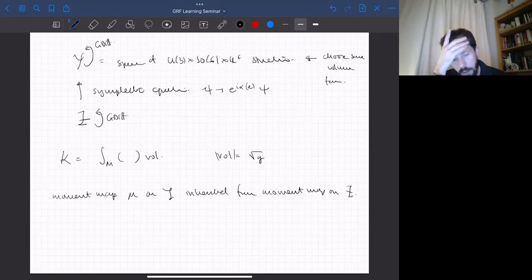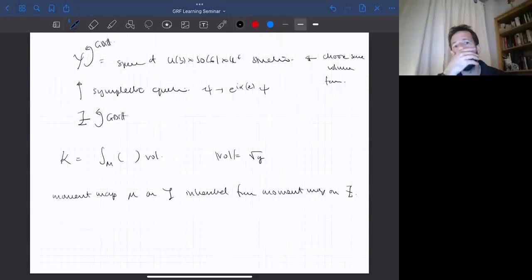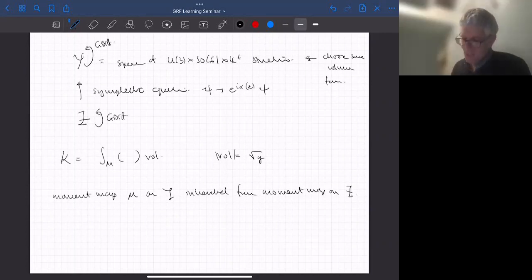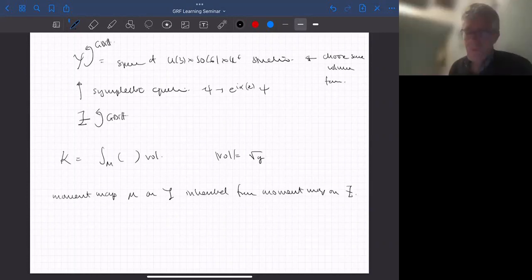And I guess the other one will be the same. My point is that the nice thing would be to have a moment map picture for the Bismuth-Ricci form equals to 0.